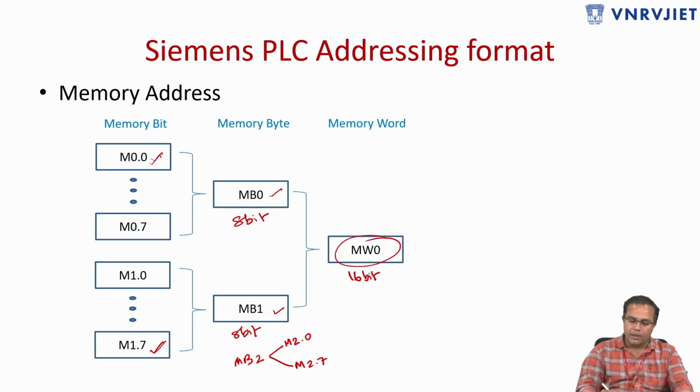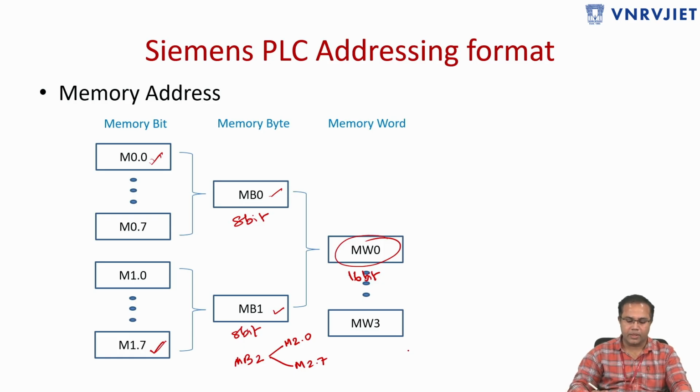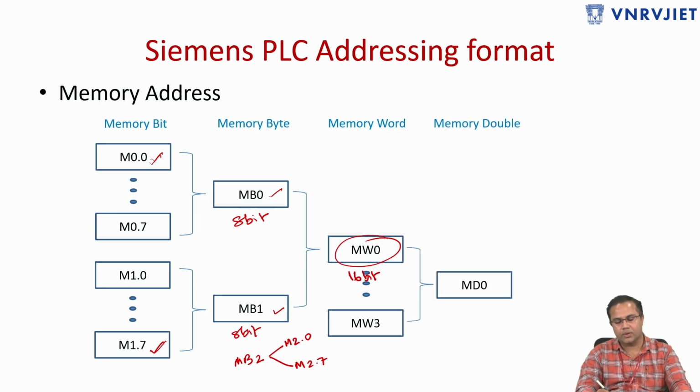Then, what about MW3? You can have MW0, MW1, MW2, MW3, and so on, each of 16 bits. If you combine any two word registers, then it becomes an MD0. MD0 is 32 bits in size.